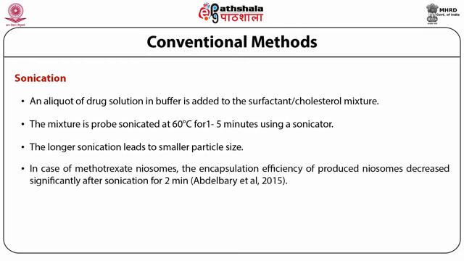It has been observed in the case of methotrexate niosomes that the encapsulation efficiency of the prepared niosomes decreased significantly after sonication for 2 minutes. Also, sonication results in small unilamellar types of niosomes. Therefore, the sonication time affects the encapsulation efficiency and the size of the niosomes formed.